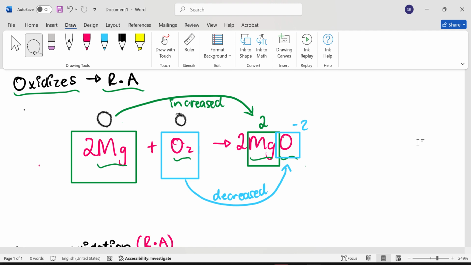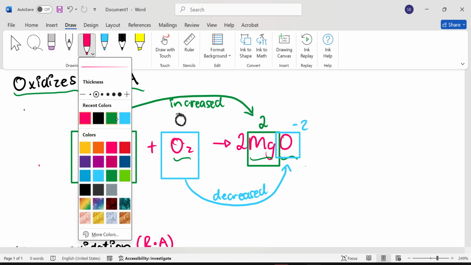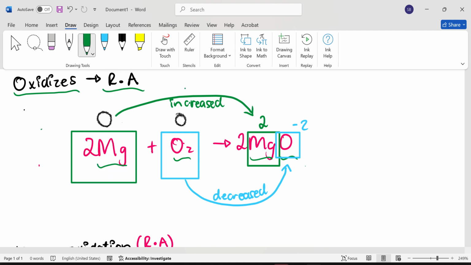So we've already identified magnesium as the one that undergoes oxidation, and we say that oxygen undergoes reduction. So if magnesium undergoes oxidation and oxygen undergoes reduction, what does that tell us?